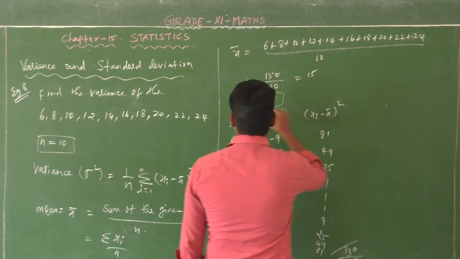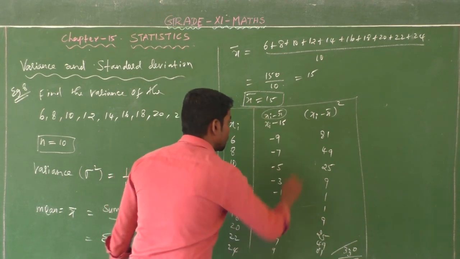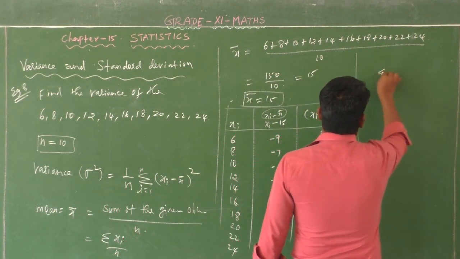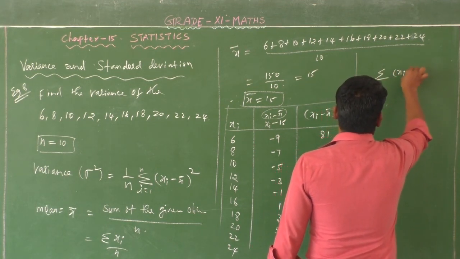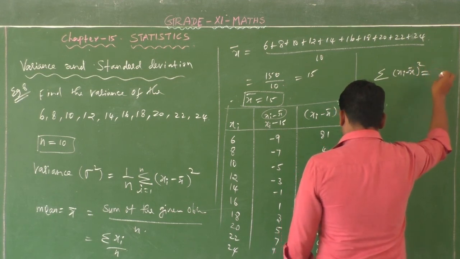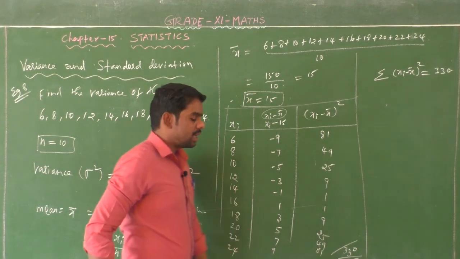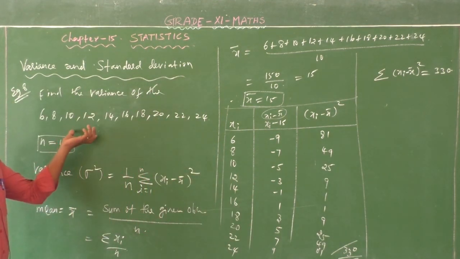So the summation of xi minus x bar the whole square is equal to 330. Okay, right. We need the variance of this given data.